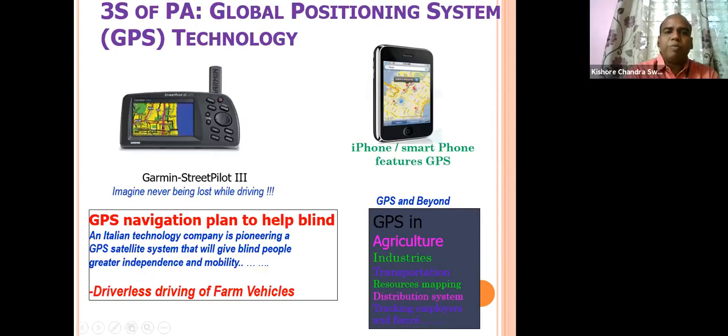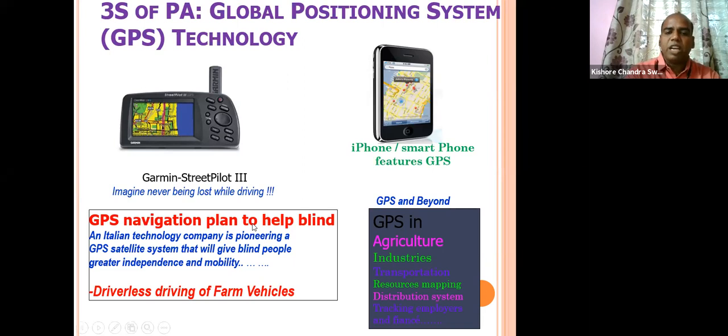Here is one of the tools of precision agriculture, that is GPS, Global Positioning System. Previously, we had GPS receivers where we could get the global latitude, longitude, global location, but now it is very handy. You see iPhones, all the smartphones, or even some small phones which are mostly not used now, they have GPS systems which guide us on the road, guide us to find places, and those things we can use in agriculture to make better production decisions.